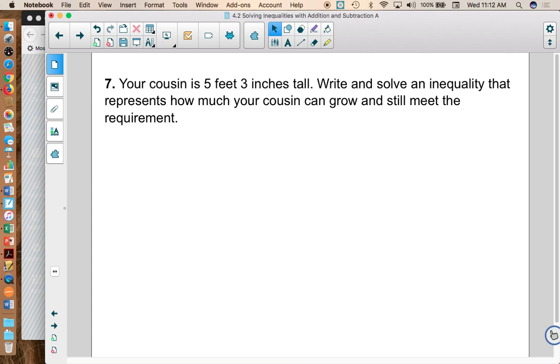That is accurate. So how much can your cousin grow? Yes, I agree.